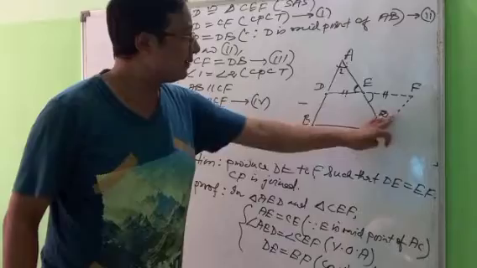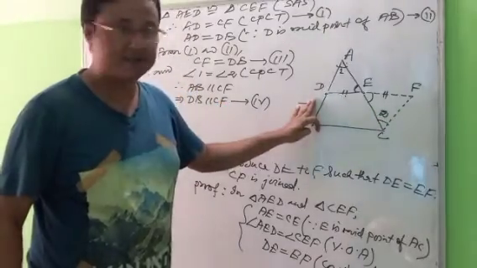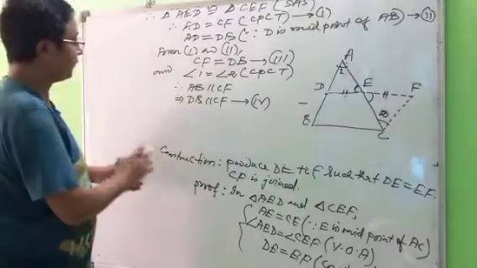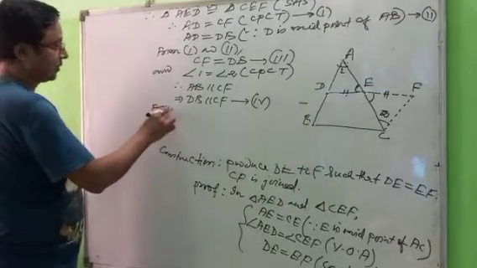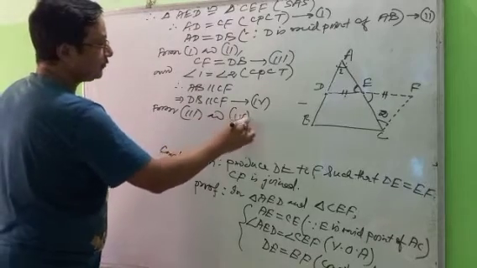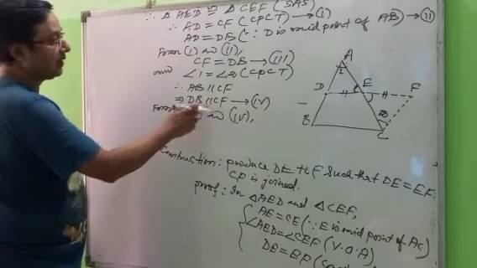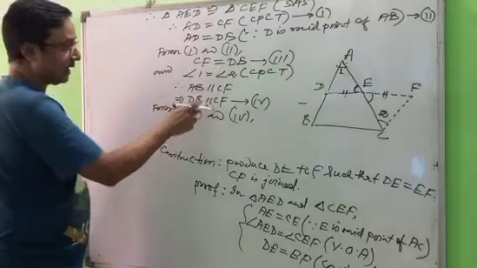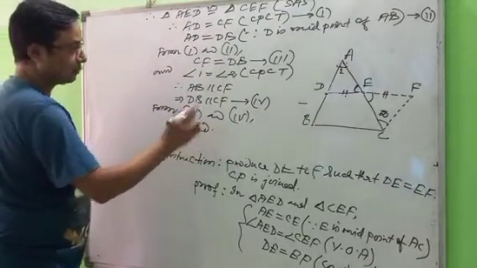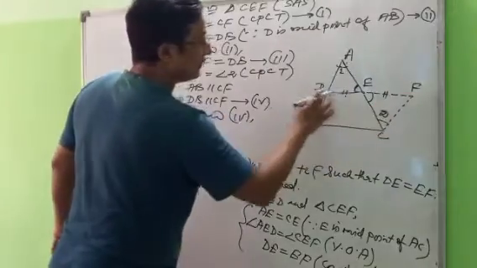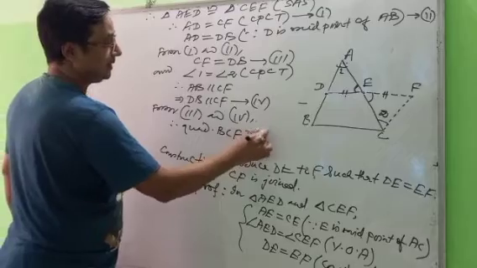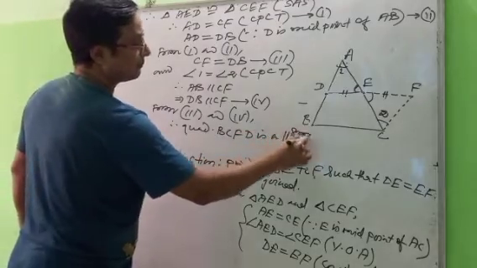That means one pair of opposite sides is equal as well as parallel. Therefore, quadrilateral BCFD is a parallelogram.